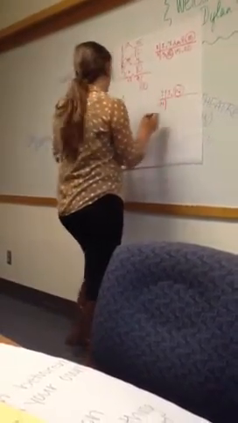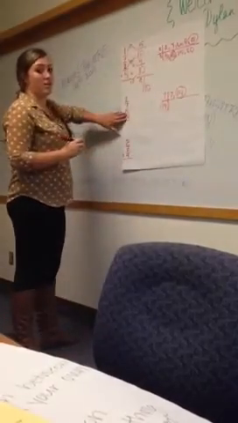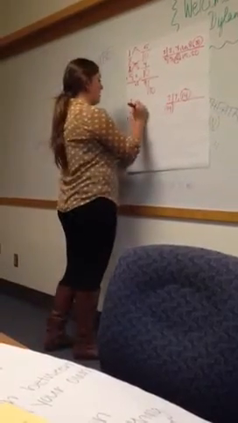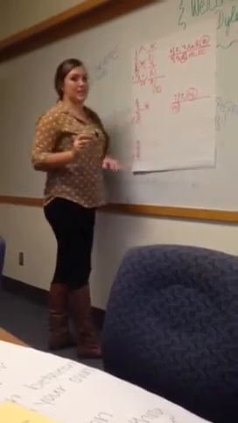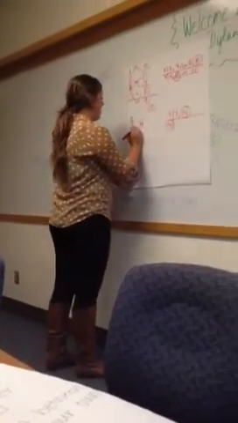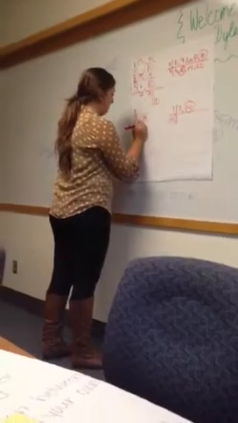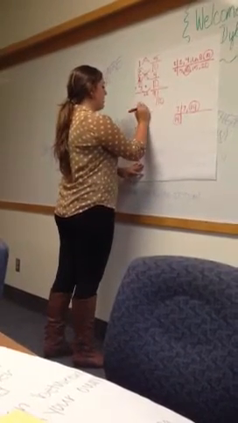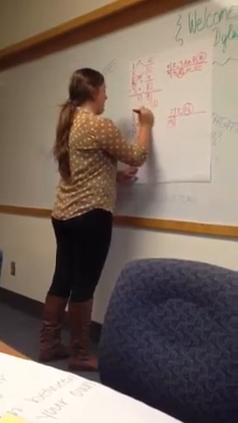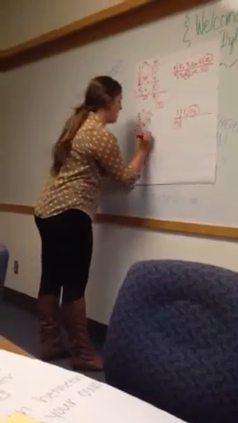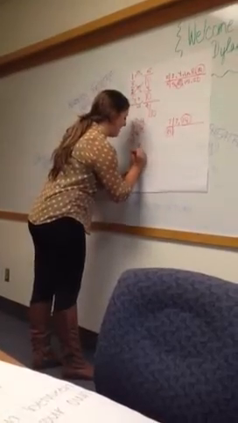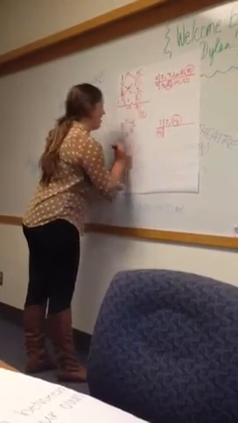So you don't even have to change this fraction down here. You just have to change this one. So you do what to that to get 14? Times 2. Perfect. So you times this by 2 to get 4. So 5 plus 4, 9. 9/14 is the answer to that one.